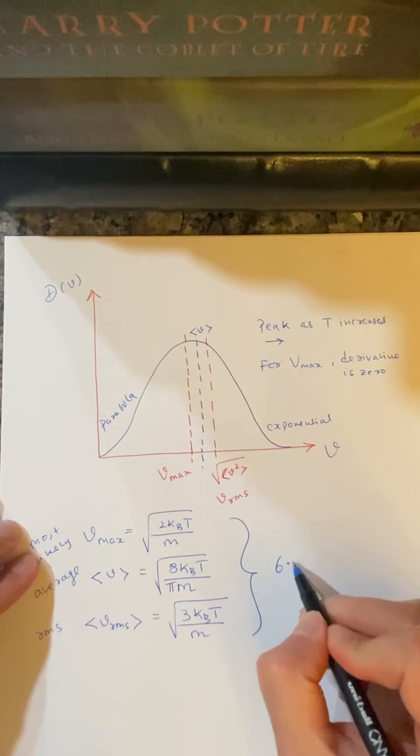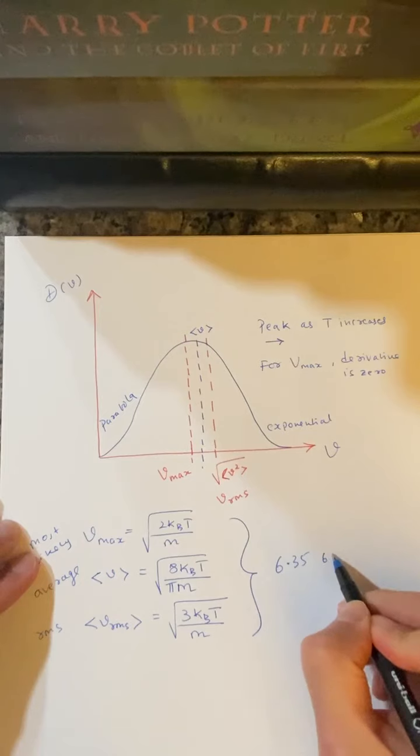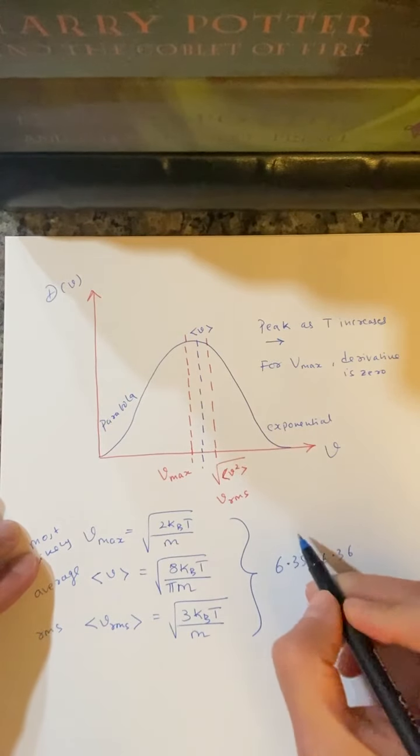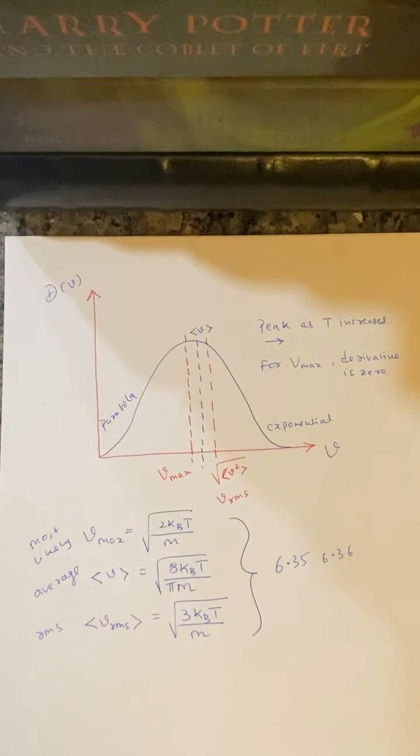I believe 6.35 and 6.36 are the 2 problems in Schroeder that you will be doing. The idea here is to understand what this graph also means, right? Think about this: the Maxwell distribution falls almost to 0 as V tends to 0, and also as V tends to infinity.